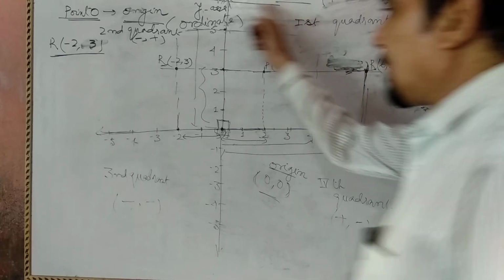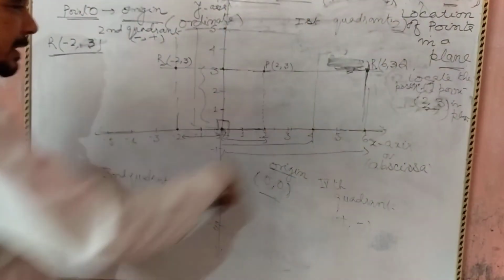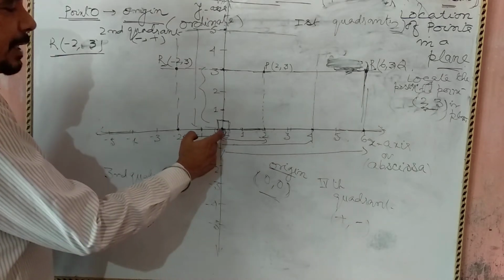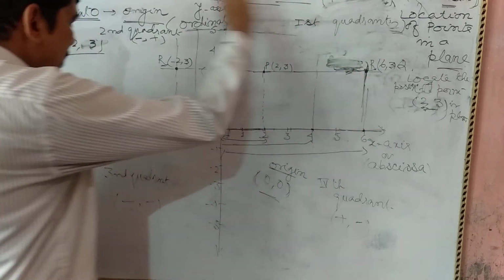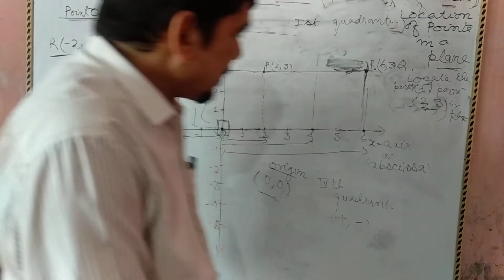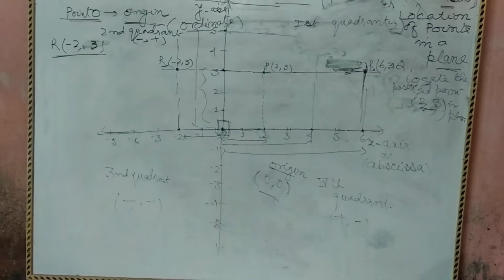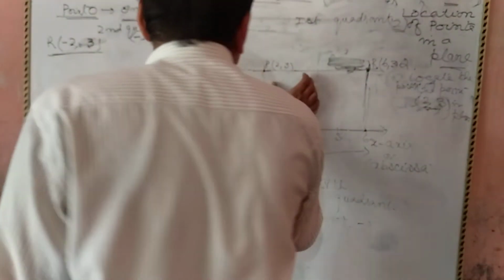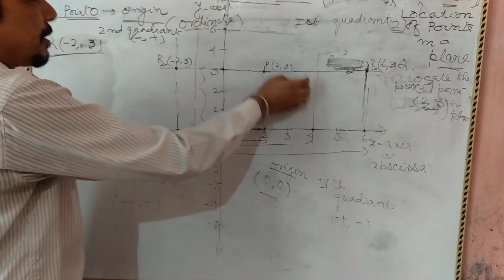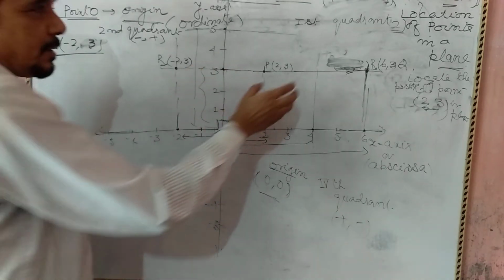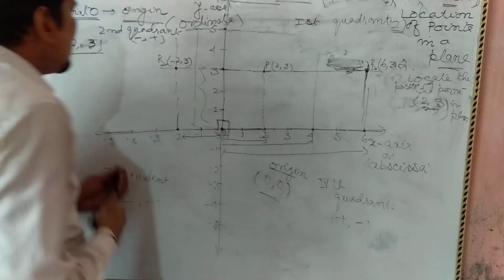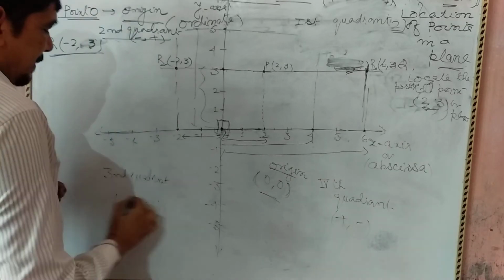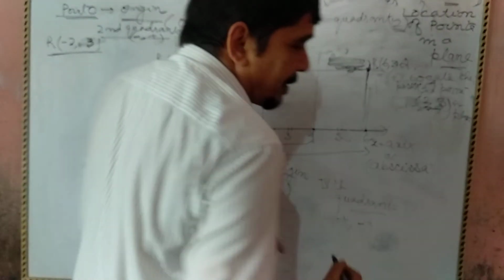Because if you draw a circle taking radius 1 unit and center O, then it completes the circle, and this circle is divided into four parts, and each part is known as a quadrant. Each part is 1/4 of the whole. So that is the first quadrant, that is the second quadrant, that is the third quadrant, that is the fourth quadrant.